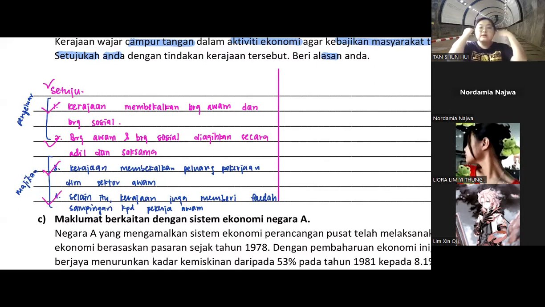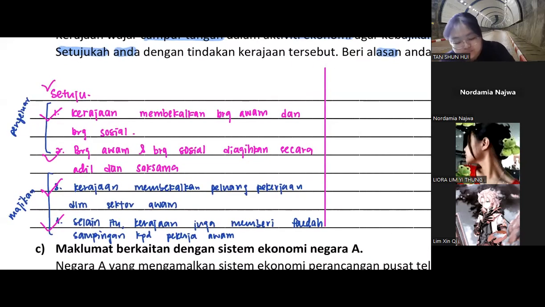Of course, yes, can. Kerajaan, we don't write straight away externality negative. Mengawal externality negative, can. I want to write one, but I don't have enough place because at the side I want to write tidak setuju. I write it somewhere else, okay? There's one more: mengawal externality negative, melalui undang-undang.